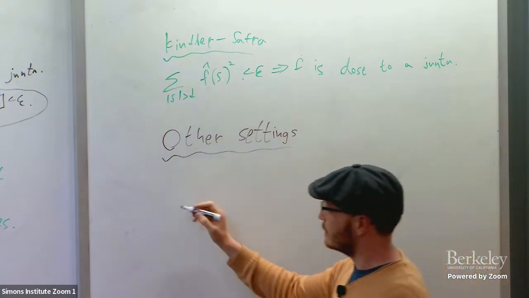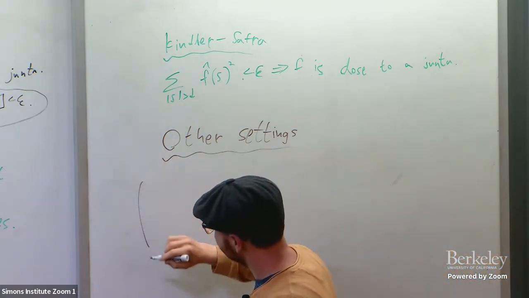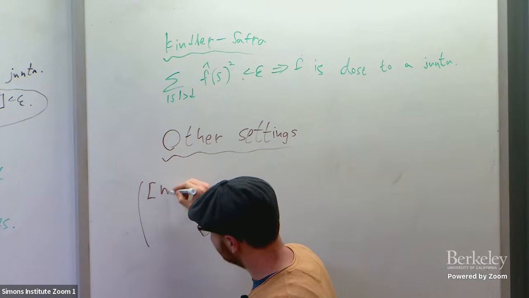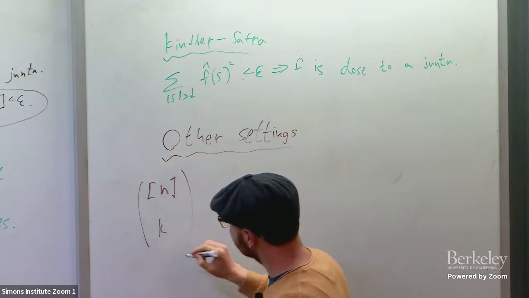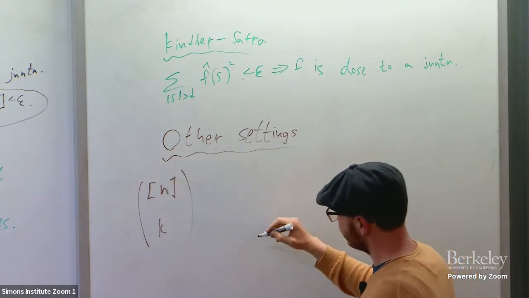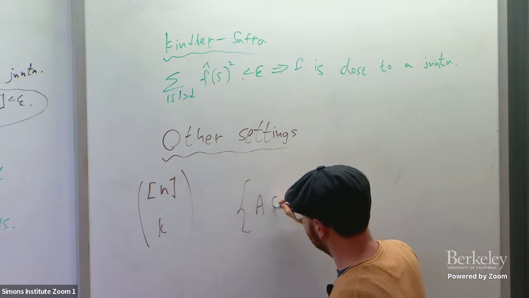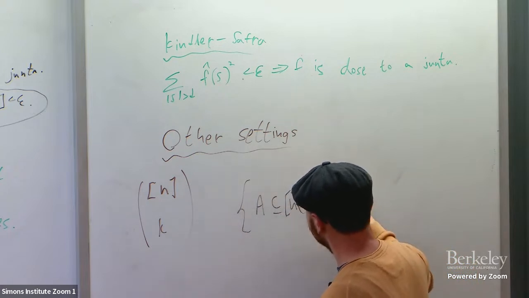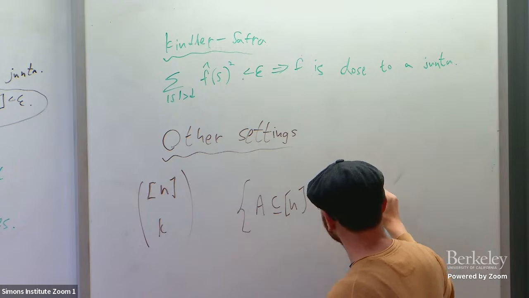What are other settings that we care about? One is n choose k, the family of all subsets of [n] that have size k.